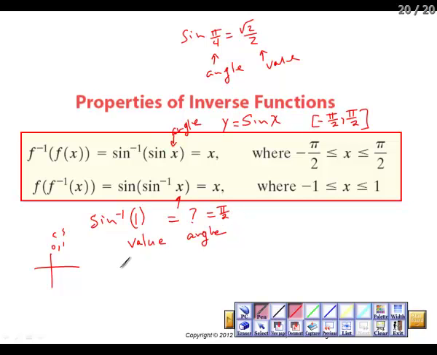Well, the domain for inverse sine is -1 to +1. So for sine, your domain are the angles, -pi over 2 to pi over 2. For inverse sine, your domain are the values, because you're starting with the value. So if this number here is, let's say, a 2, then there's no solution because you're outside of the domain for inverse sine.